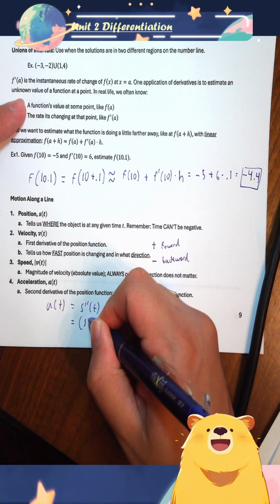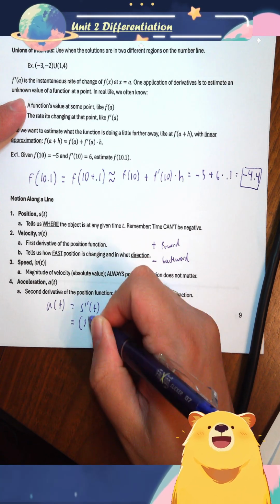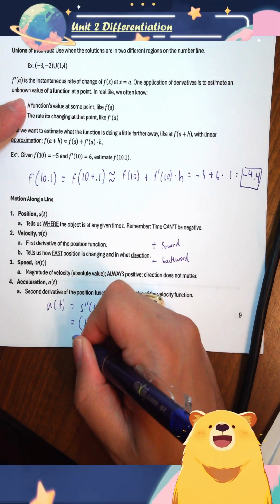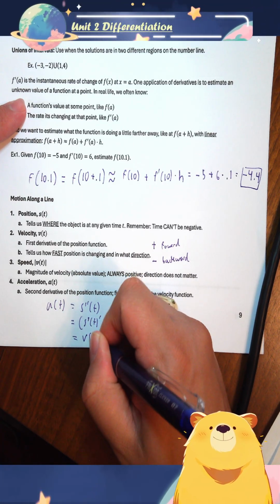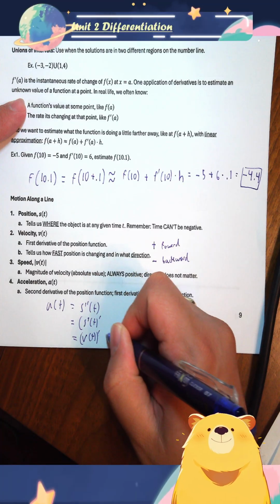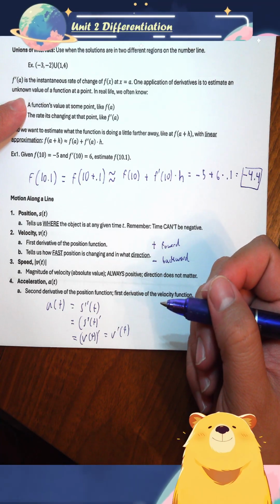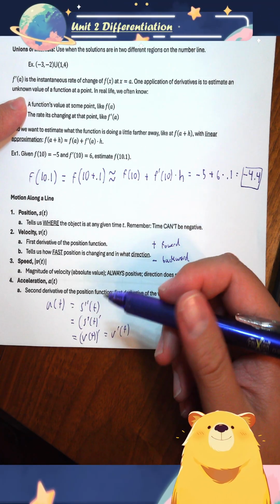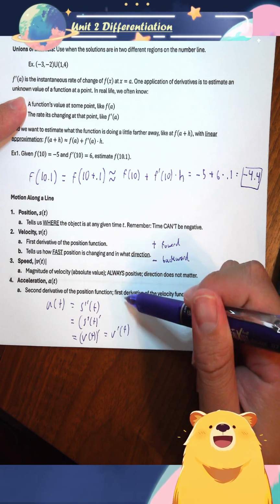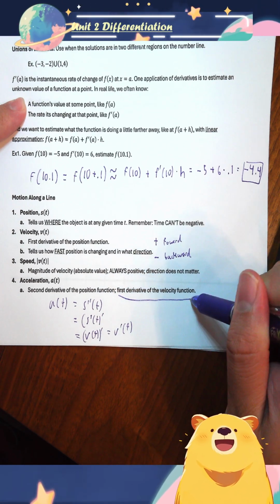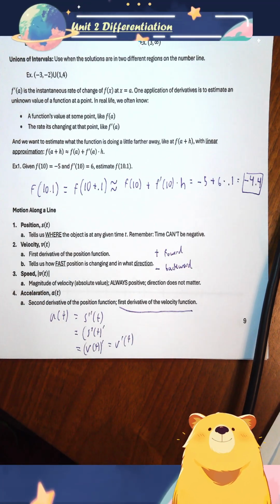Let me take out the prime, and then we know that that is just the velocity. So acceleration is the second derivative of the position function, but it's going to be more referred to as the first derivative of the velocity function.